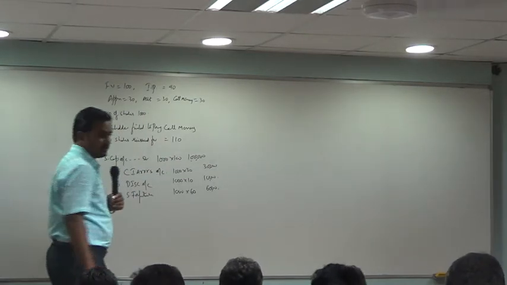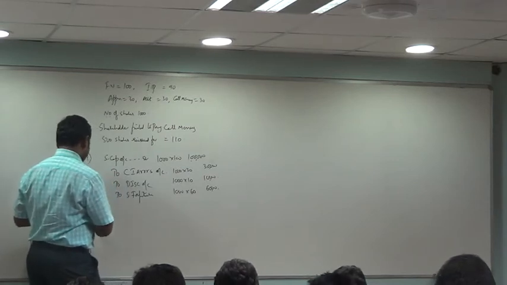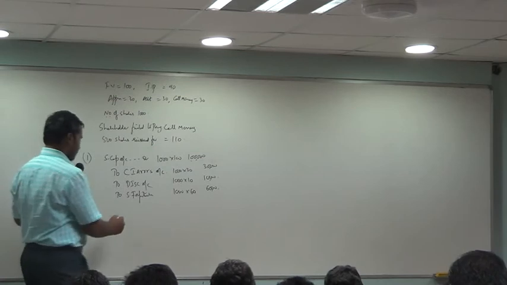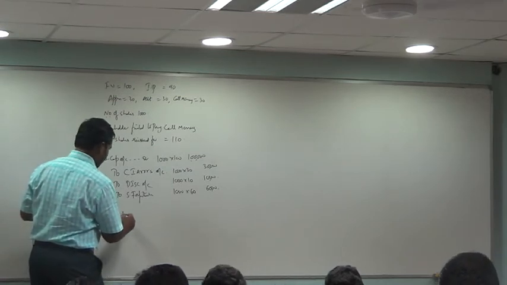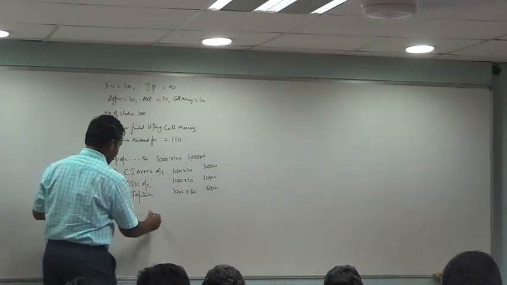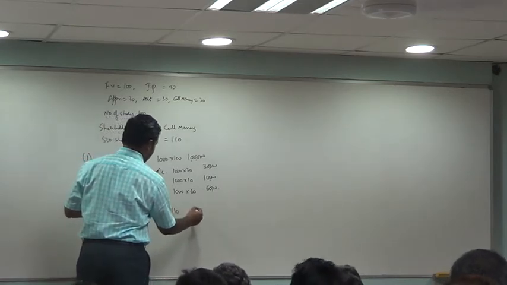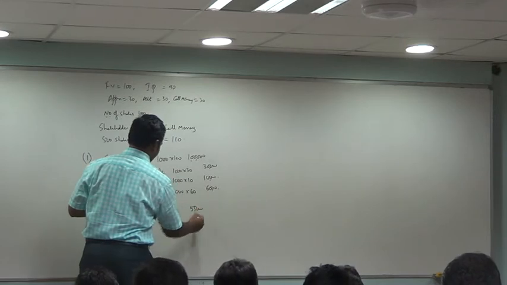Is it correct? Reissue entry. Bank account debit, how much? 500 into 110, 55,000.